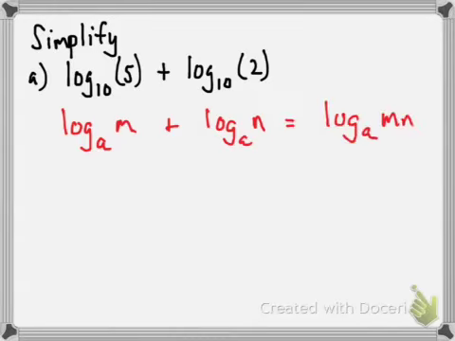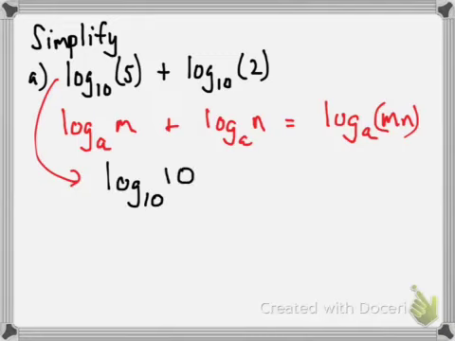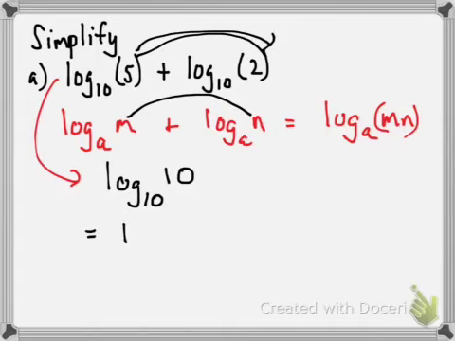The rule I had the other way worked the opposite direction, but it still works the same. So if we apply that rule to this situation here, then that's the same as that, because 5 2s are 10. M times n, 5 times 2 equals 10. And of course we know that that equals 1.